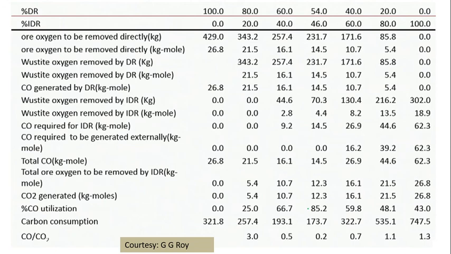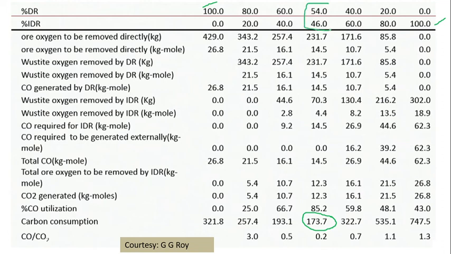Here is a table from 100% direct reduction to 100% indirect reduction. Different values are there. Among these, what we have studied is 54% direct reduction and 46% indirect reduction.